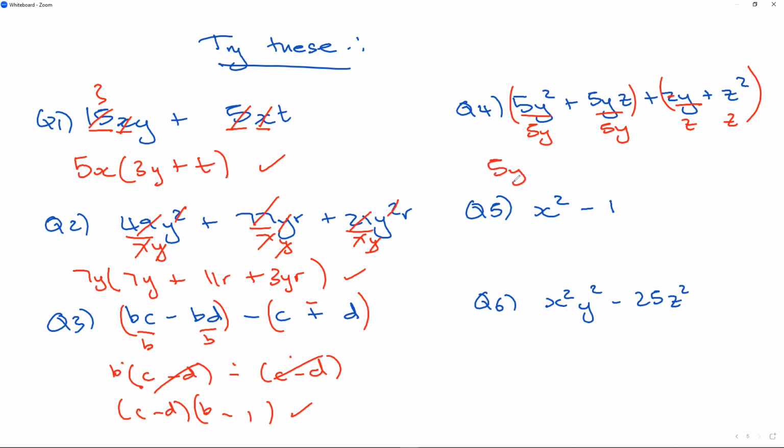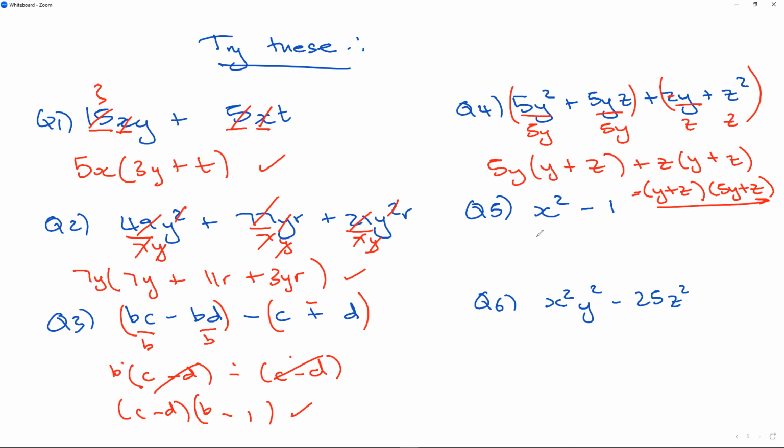That's going to be 5y, y plus z, plus z, and you'll be left with y plus z. And we can take out a common y plus z over here, and we'll be left with 5y plus z. So y plus z, y plus z, 5y plus z left behind.